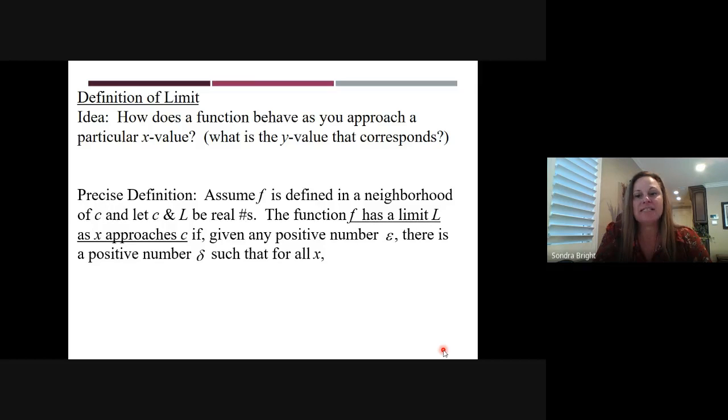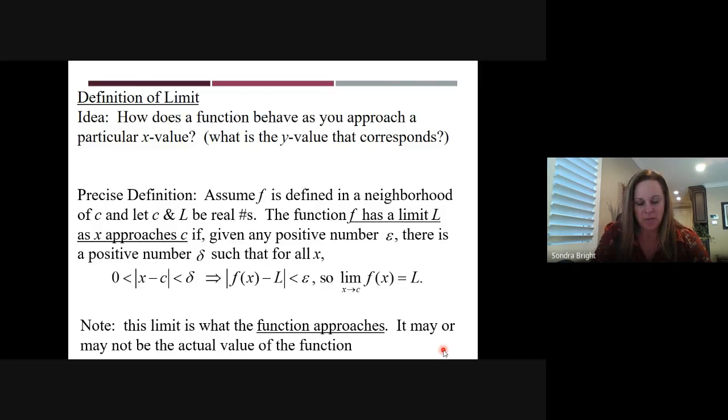The function f has a limit L as x approaches c if, given any positive number epsilon, there is a positive number delta, such that for all x, that distance between x and c, that's where that absolute value comes in, is less than delta. It means that the absolute distance between your function and the limit is less than epsilon. And then that gives us that the limit as x approaches c of f of x is L.